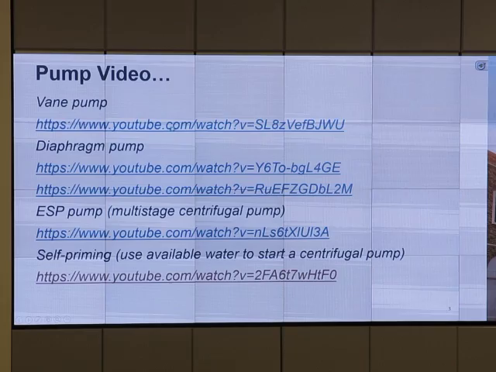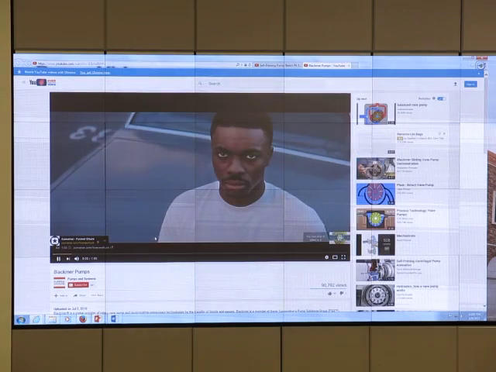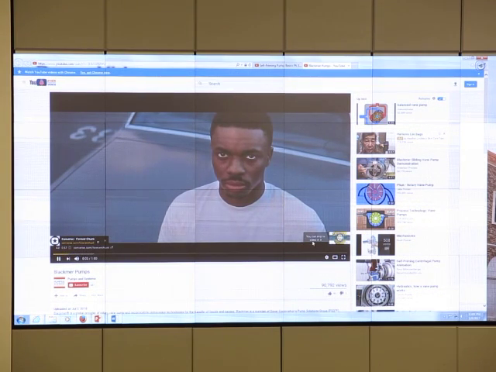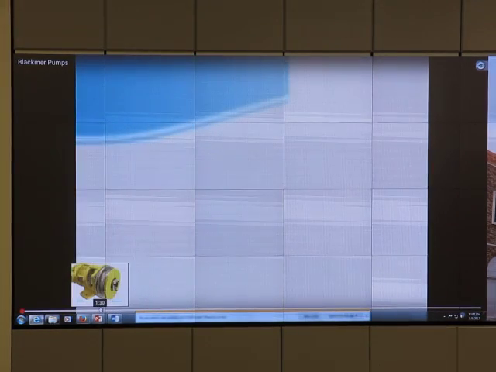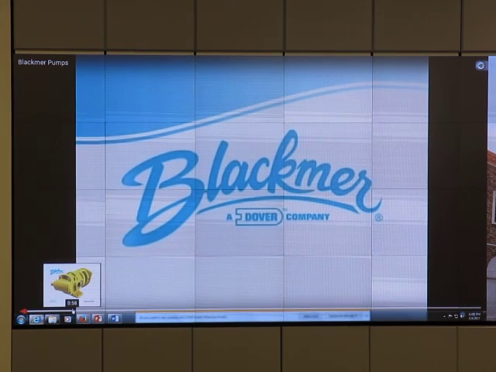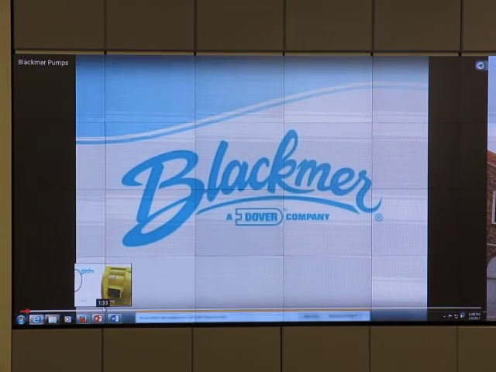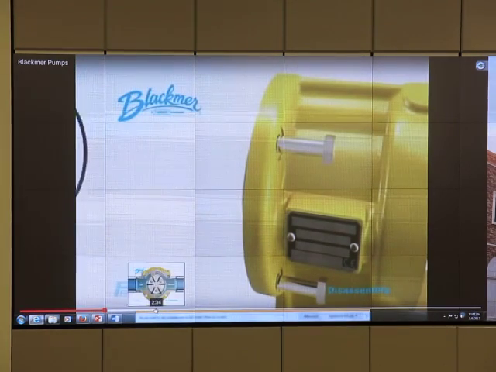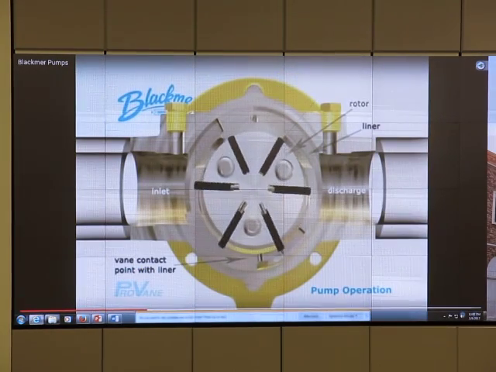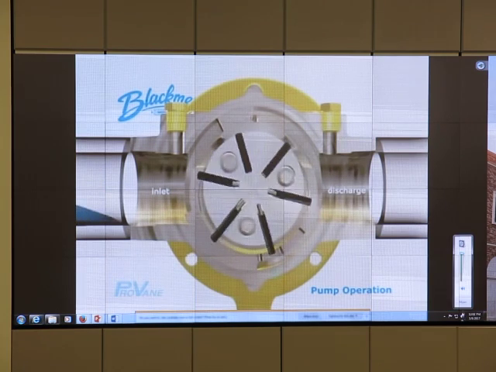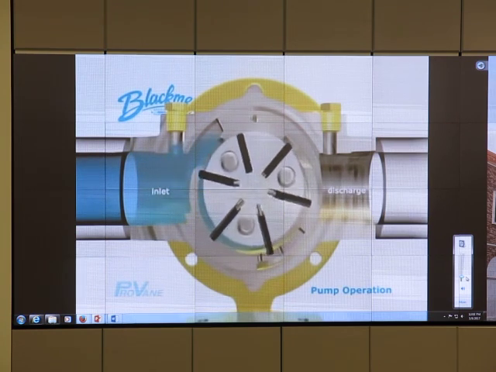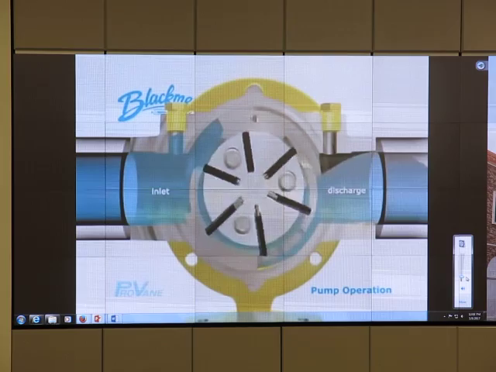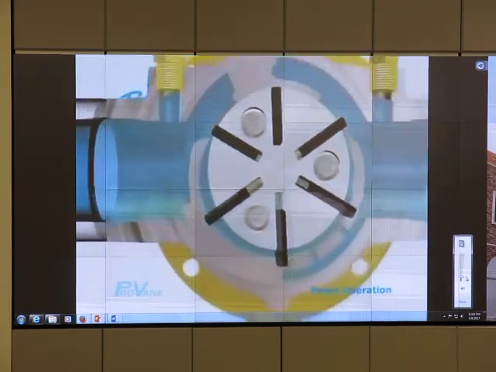Let's go over vent pump. You have water come in, go to the vent, and it pushes liquid out.